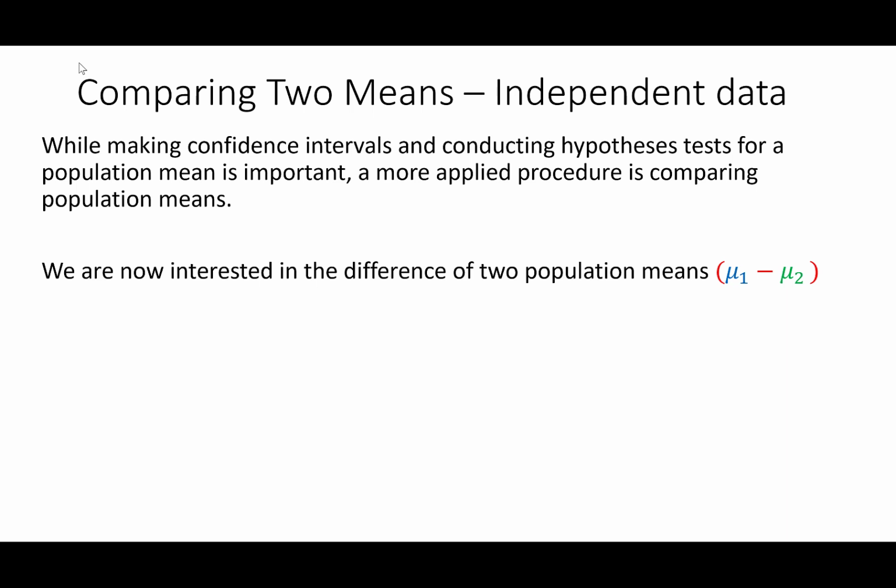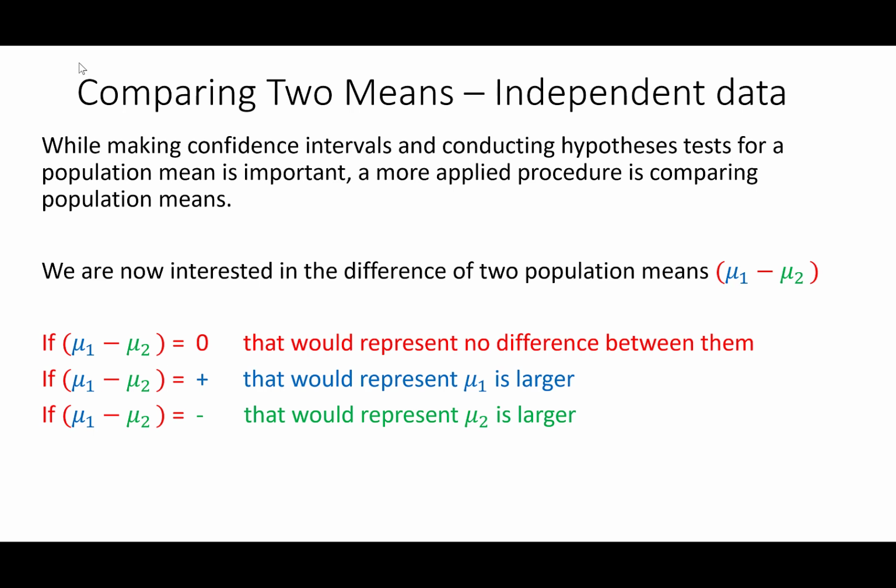When you look at the difference between two means, based on that result, you're able to get insight into which one's bigger or which one's smaller. Right? If the quantity mu1 minus mu2 equals 0, well, that would represent that they're the same exact value. There's no difference between them.